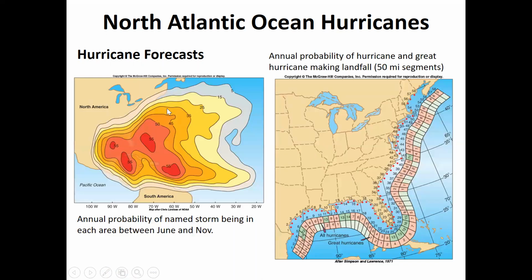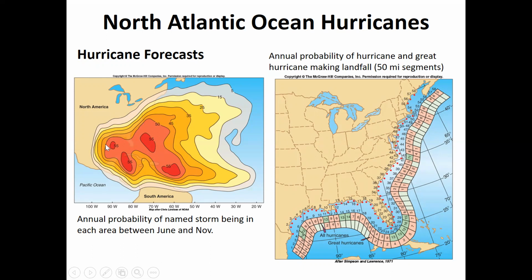Here we can see the annual probability of named storms in each area between June and November. This is probability, so there's a 55% chance there's going to be a named storm in this region between June and November. That's greater than 50, so that's a coin flip.